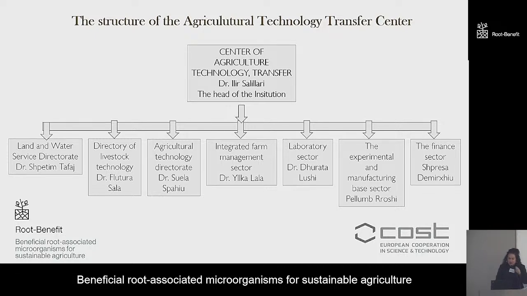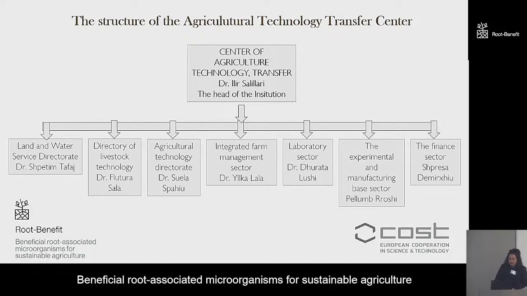We have another important sector, integrated farm management, and also the laboratory sector that has the laboratory of biologic materials, the laboratory of soil and water, and the fertilizer product laboratory.